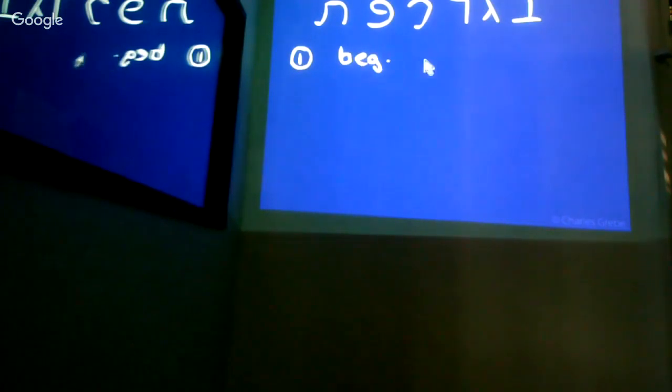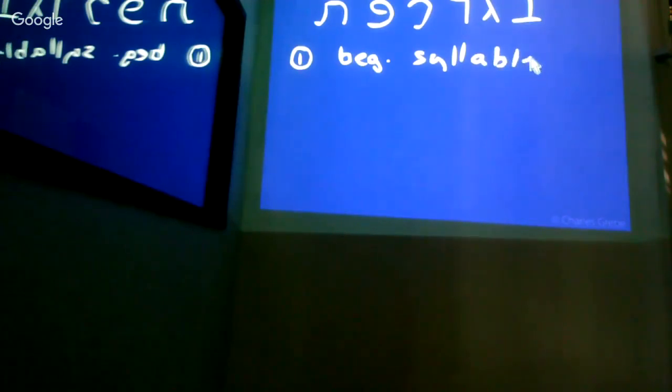Now, what we did cover in that lesson, that module, was how to tell when the Daghesh Lene is there and when it isn't. And so that's what I want to do right now. The rule is that there are 2 conditions that need to be met for Daghesh Lene to show up, to stay there. One is that it has to be at the beginning of a syllable. And the second, they both have to be met.